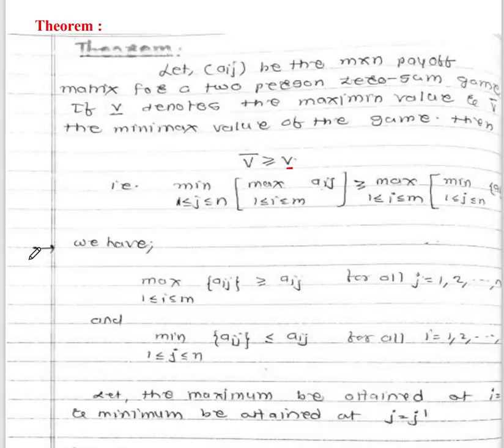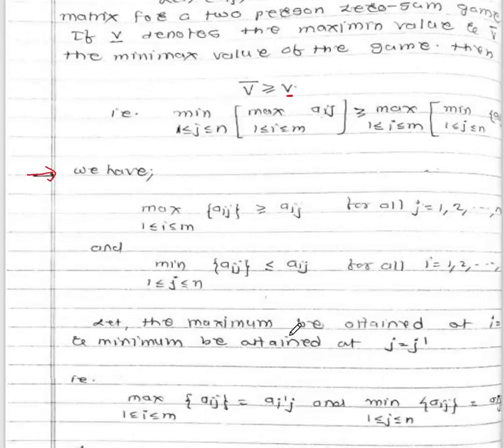So let us see the proof of this theorem. We have maximum of Aij greater than or equal to Aij, where i lies between 1 to m, and minimum of Aij, where Aij is the m by n payoff matrix, less than or equal to Aij for all j equal to 1 to n.